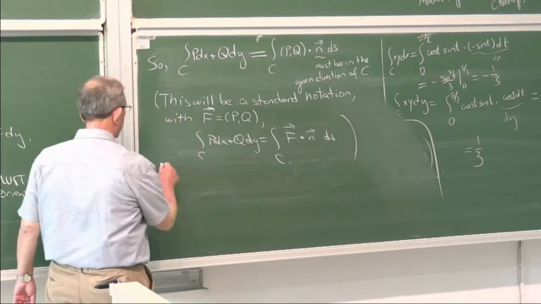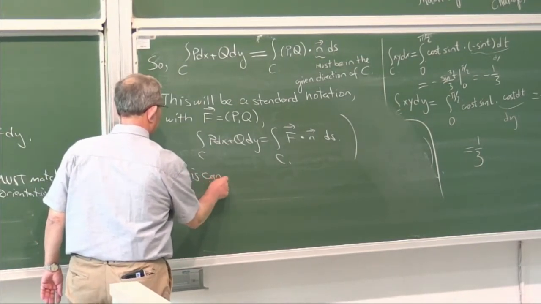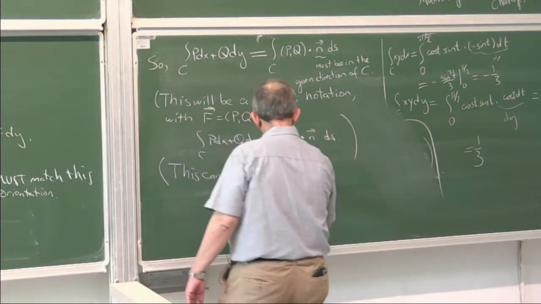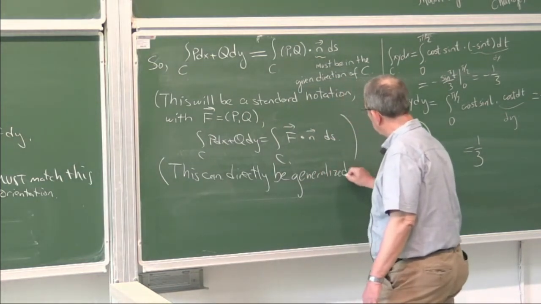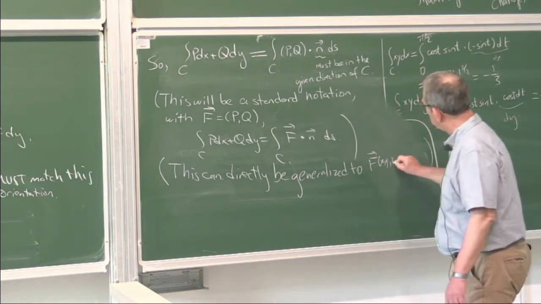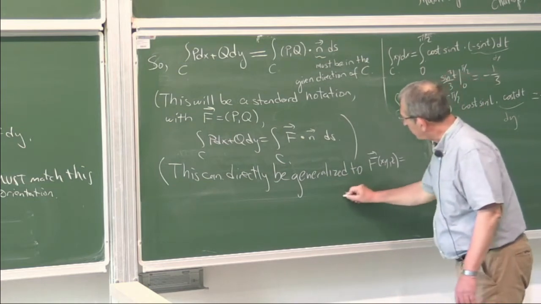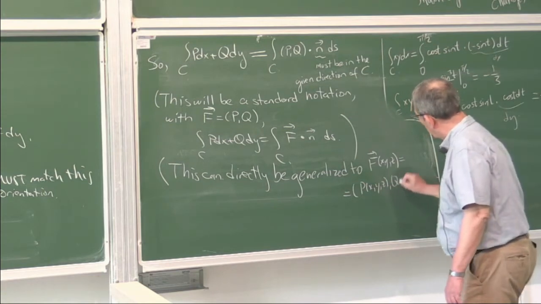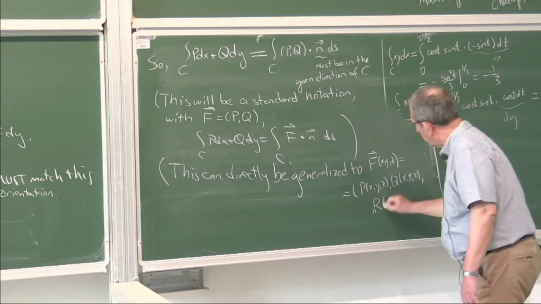That's to say, this can be directly generalized to functions of 3 variables, which will be P of x, y, z, Q of x, y, z, and R of x, y, z.